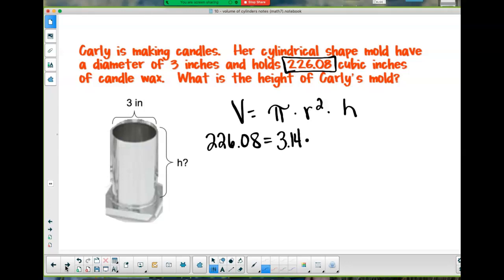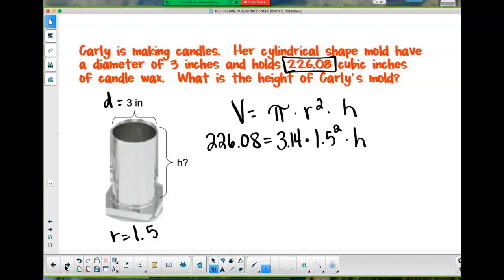Do we know the radius? Well, not yet, right? But can we figure out the radius? What's the radius? Savannah? 1.5. The 3 is the diameter. That means the radius is half of that, so 1.5. So we have 1.5 squared. We don't know the height yet, times h.